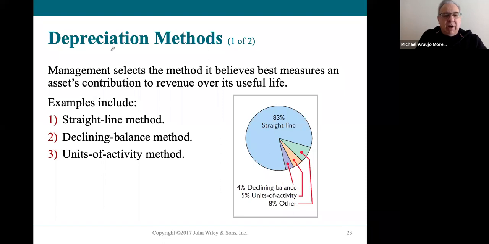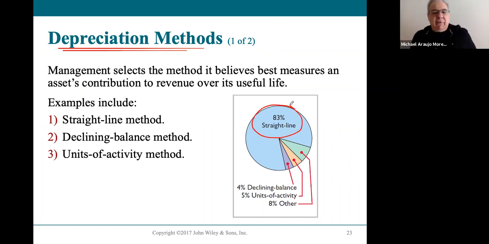The big winner in how depreciation is done is the straight line method. There are a few different methods. The straight line method is clearly the winner. It's the most popular method of depreciation. It's the one I'm going to be focused on the most.